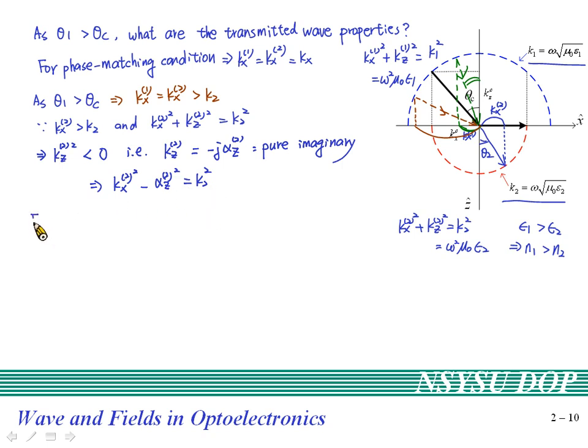Then for the TE wave, we take the TE wave for example. For the TE wave, as TIR happens, in the region of material 1, that is z smaller than 0, the field expressions are the same.